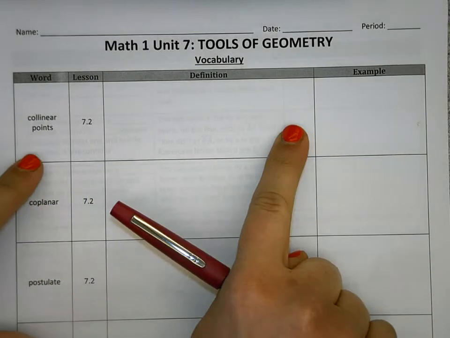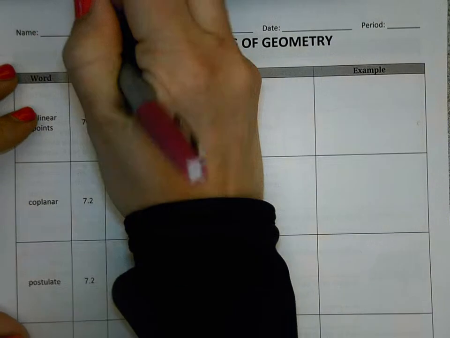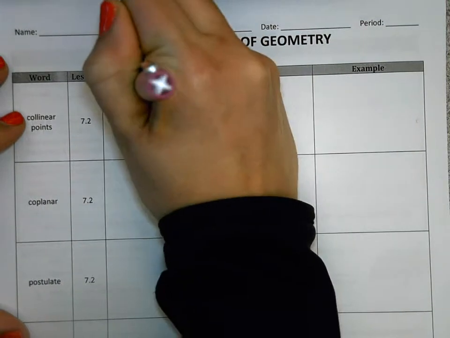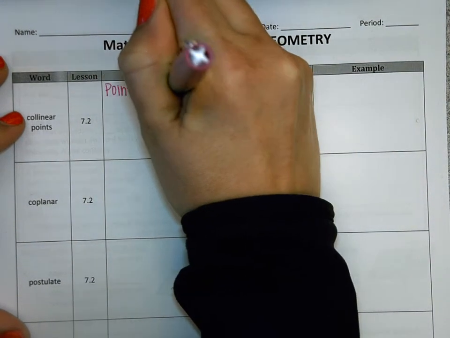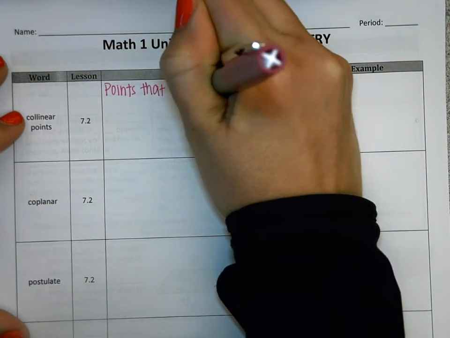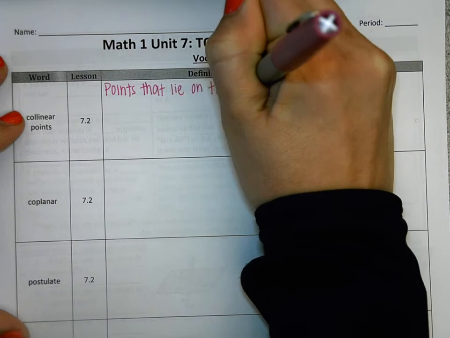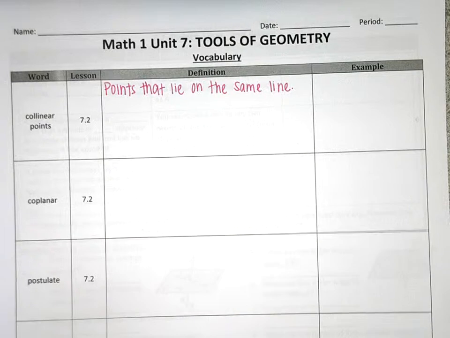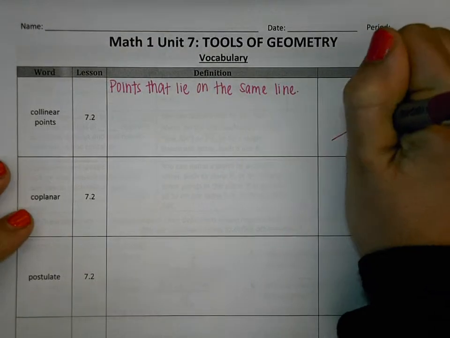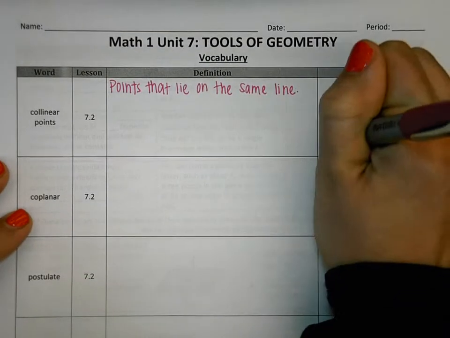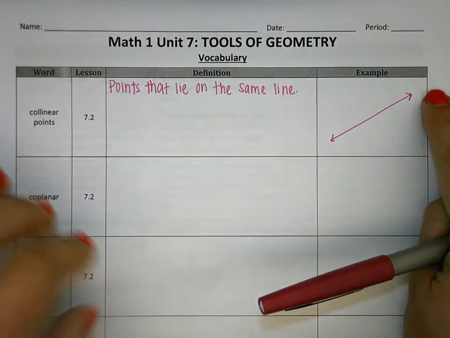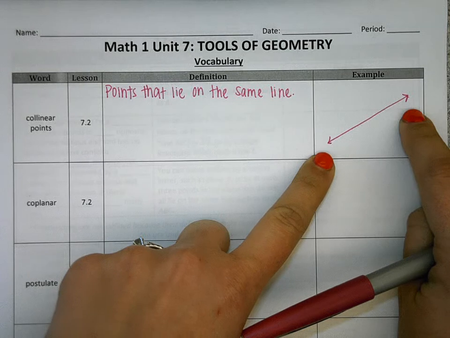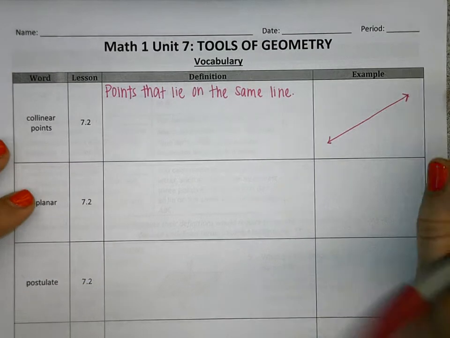First vocabulary is collinear points. Collinear points are points that lie on the same line. So for example, if I have a line, and make sure you put the arrows, and we'll define a line in just a second, but lines go on forever and ever, so you put arrows at the ends.